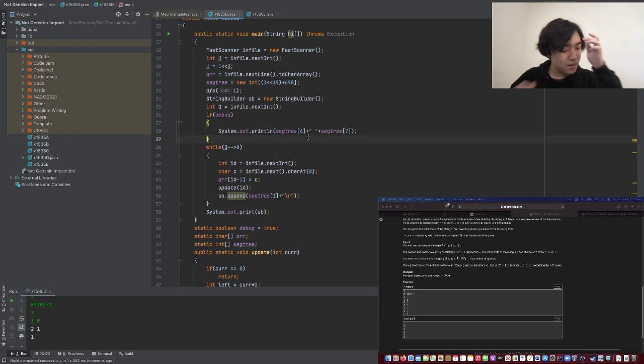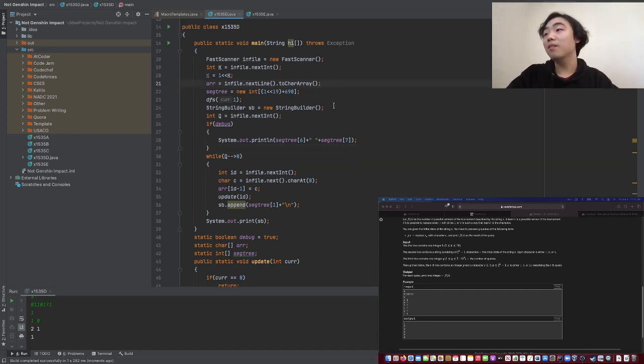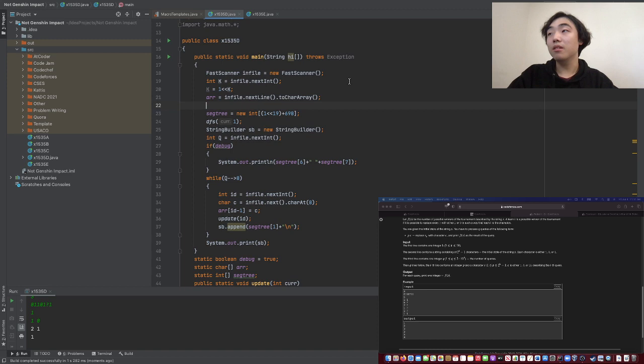How did 6 become that? Wait, I'm not mapping these correctly. Oh, I need to reverse the string. I think that's why. Yeah, because of the way that I'm indexing stuff.